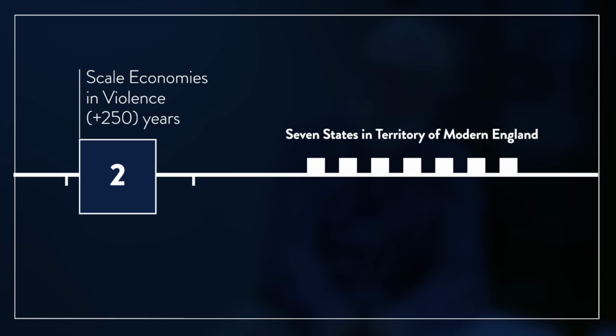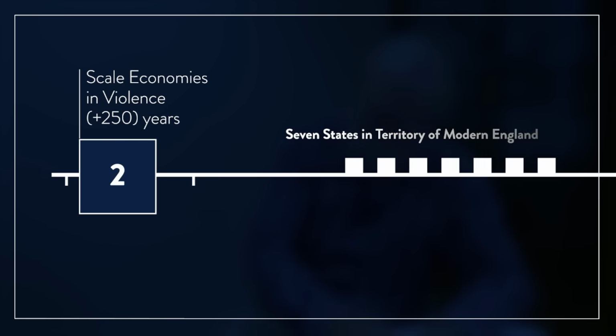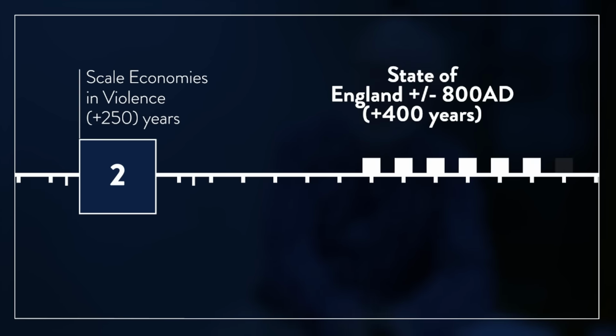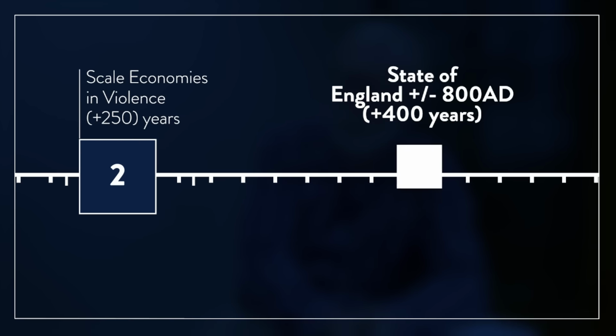So what we now think of as England, there was no England, but there were 7 different states, all in the territory we now think of as England. And then if we roll on about another 150 years to around 800, it crunches down further to 1. That's where we get England.